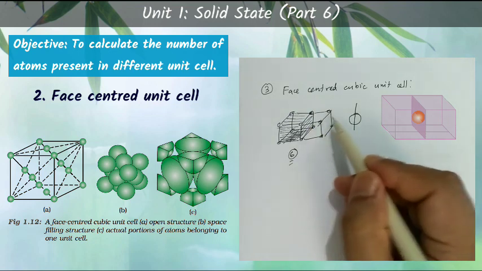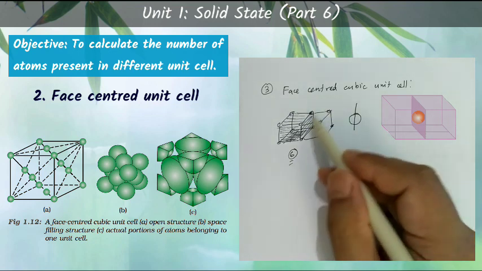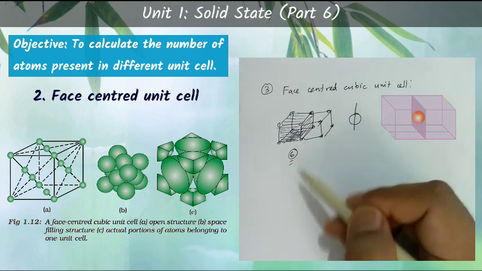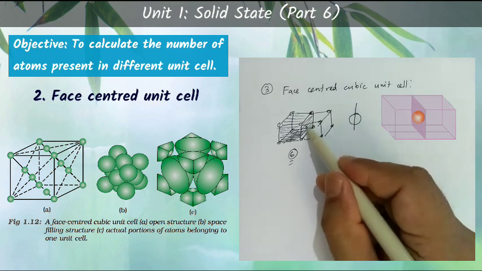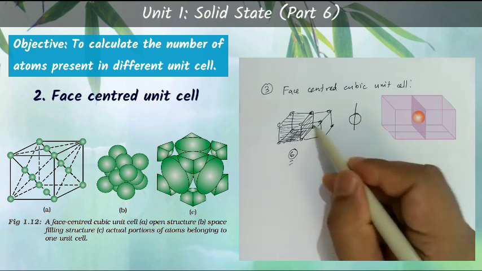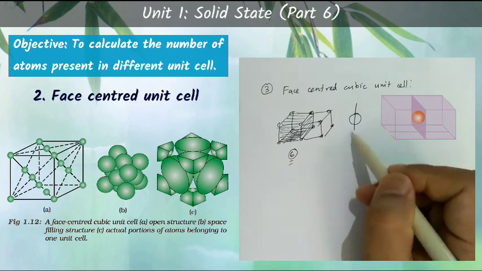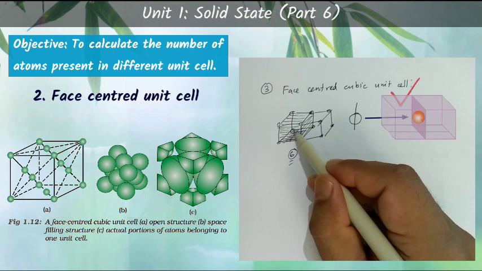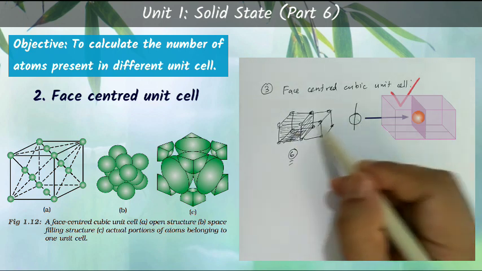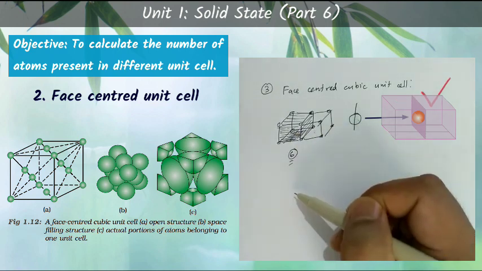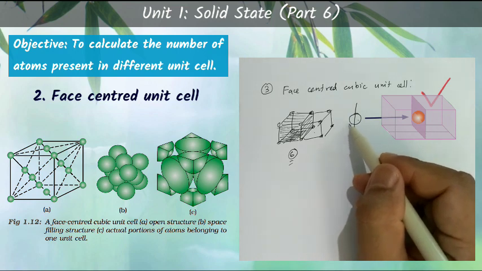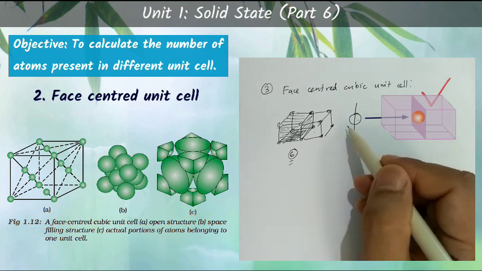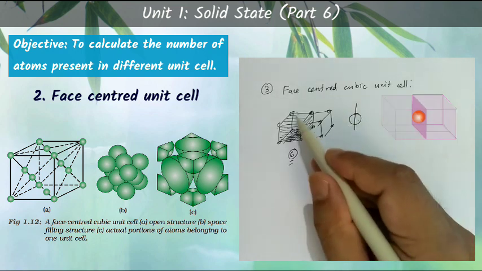Let's suppose in this direction this is the next unit cell. So in case of that atom, that atom will be divided in half. You see, one half will be present inside this unit cell and the other half will be present inside this unit cell.